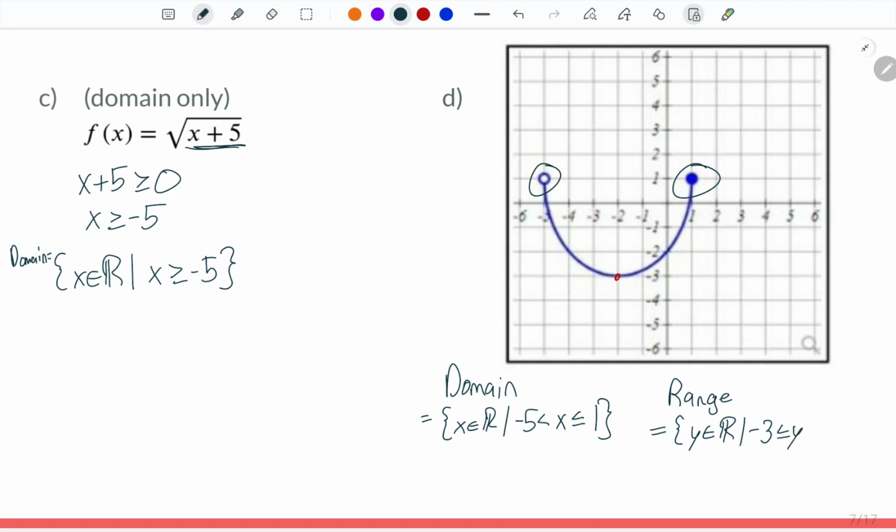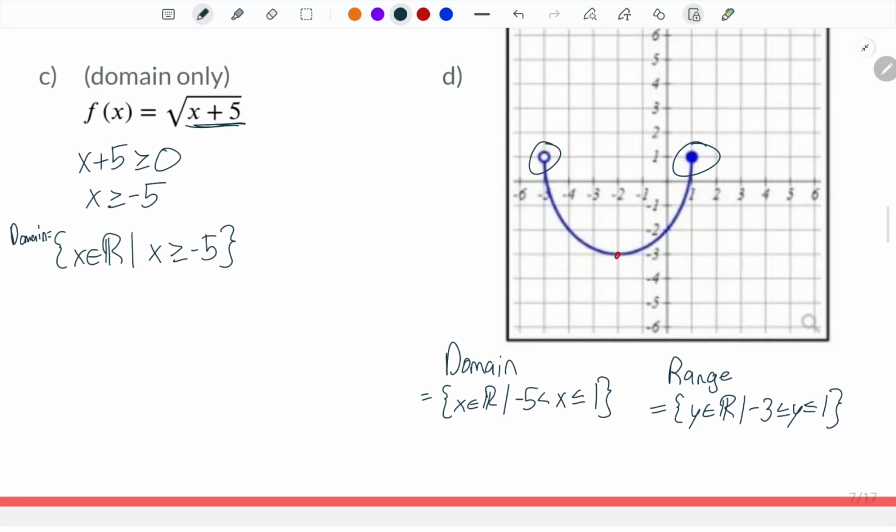And then we want to see, well, what is the greatest? Well, the greatest value is, it gets up to 1. It does that on the left and the right side. The left side is open, but the right side is filled in, so it does actually reach that y value of 1. So I can say it's less than or equal to 1. And there we have it. That is the domain and the range.